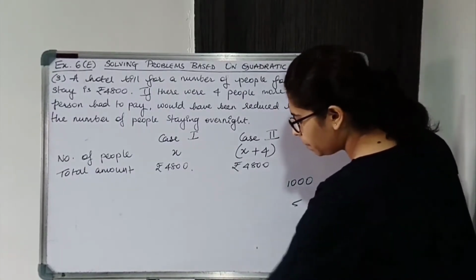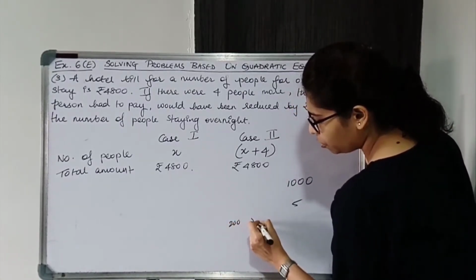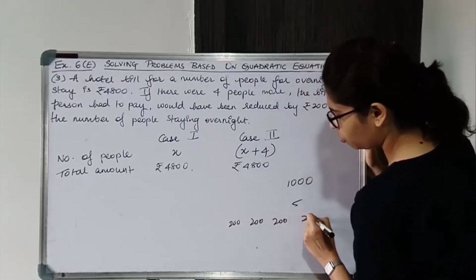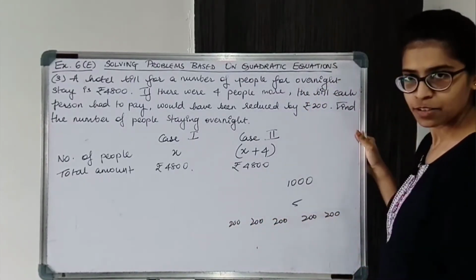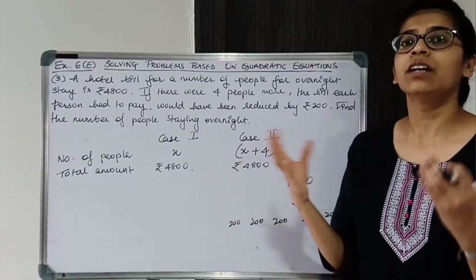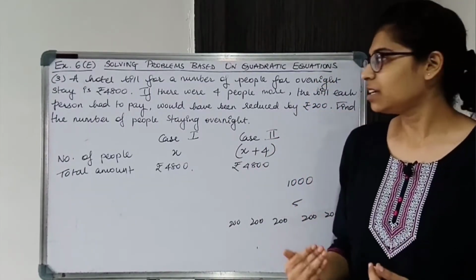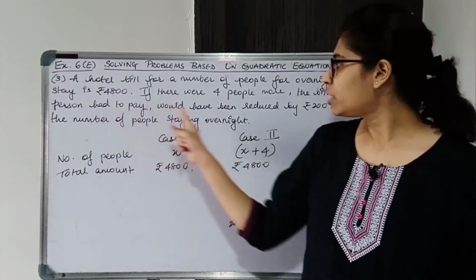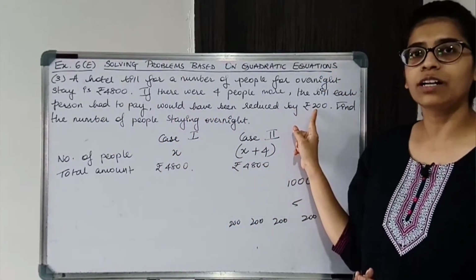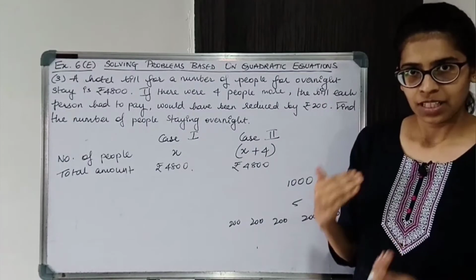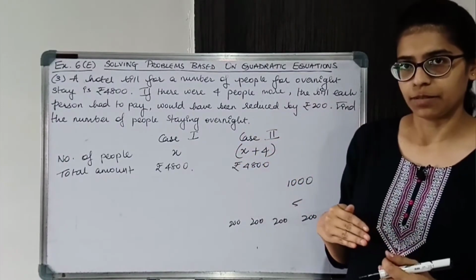Each person will pay 200, 200, 200, 200, 200. So if there are more people, the amount that each person has to pay will become less. ठीक है? So each person would have to pay rupees 200 less. ठीक है? 200 less pay करना पड़ता.